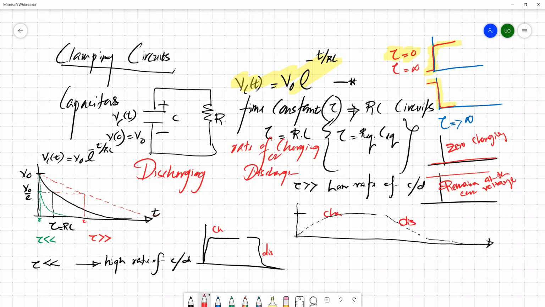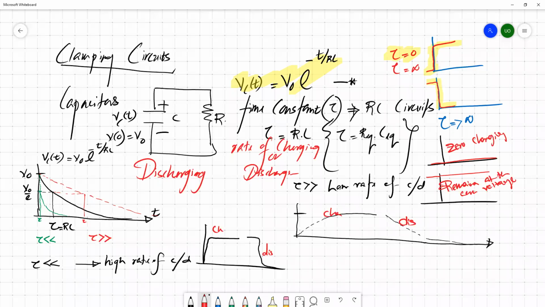If your time constant is zero or close to zero, we can simply say that this circuit can immediately charge or immediately discharge. If your time constant is very high, mathematically if it is infinite, we cannot find a circuit where the time constant is infinite, but in the practical sense the time constant is pretty high. Then once you consider the charging process, charging will never happen, because ideally it takes infinite time to charge.